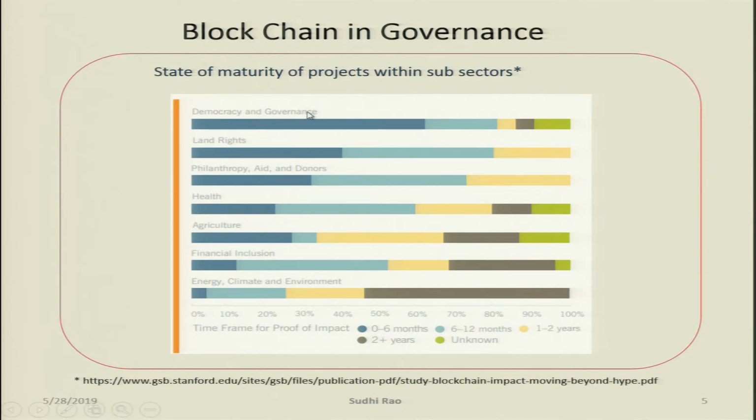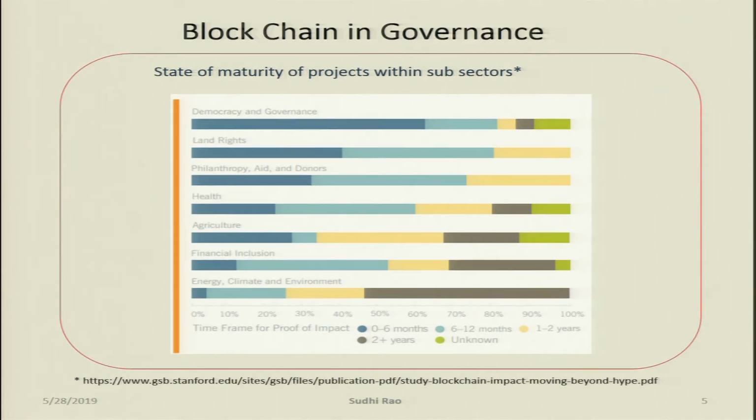This also has assessed, within sub areas of the public sector itself, organizations focused on different areas of the public sector. What is the state of maturity of various projects? So, they have identified some sectors. One area in the public sector is democracy and governance. What are the initiatives in ensuring governance like voting and ensuring transparency?